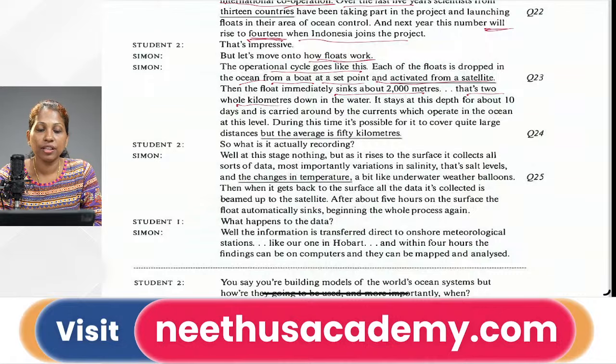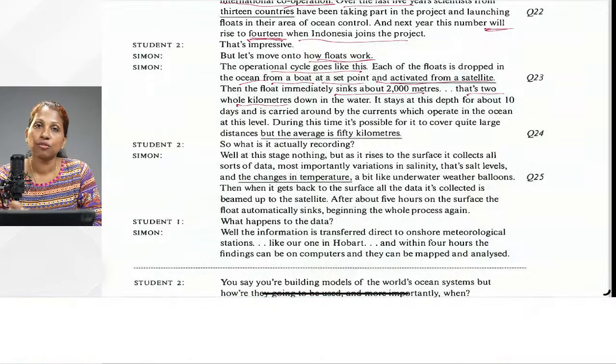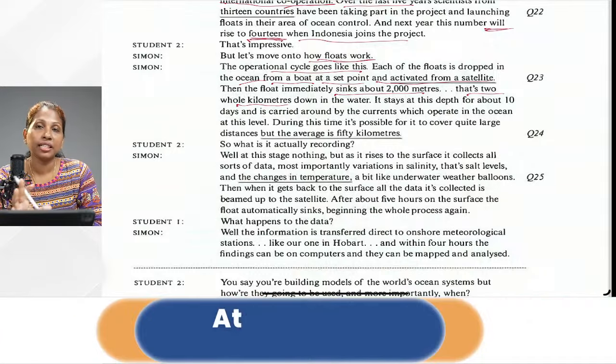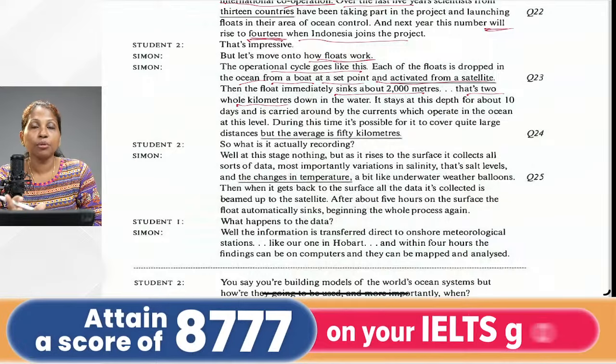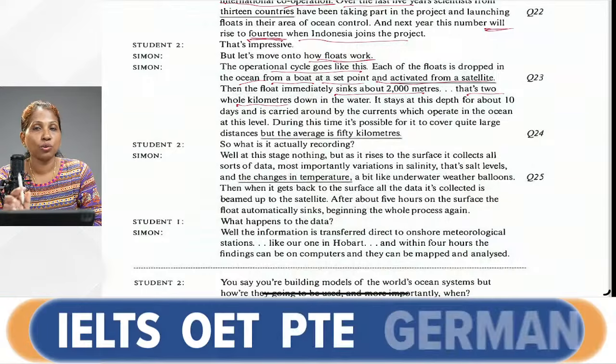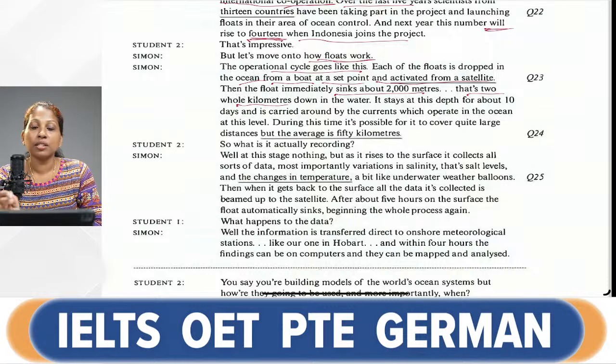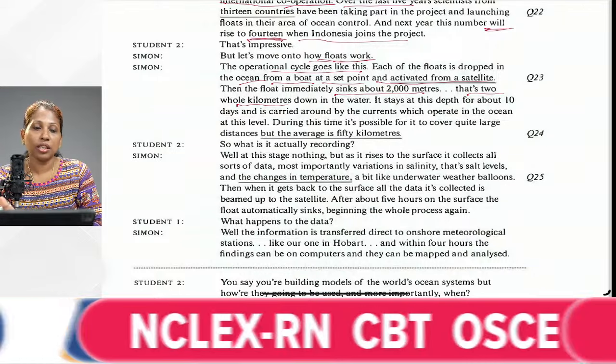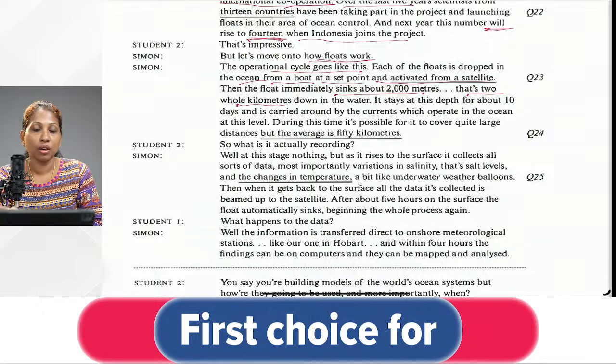Like I always say, whenever a blank comes where the answer would be a number, in that case you will definitely have multiple numbers mentioned or spoken in your audio. So here the first was 2000 meters, the sinking depth. Second is they have given 2000 meters is equal to how much? That is 2 whole kilometers down in the water.